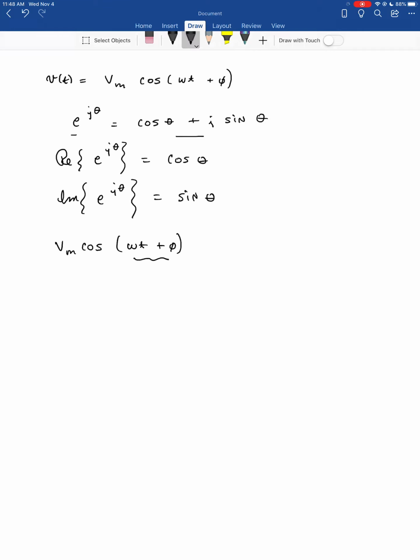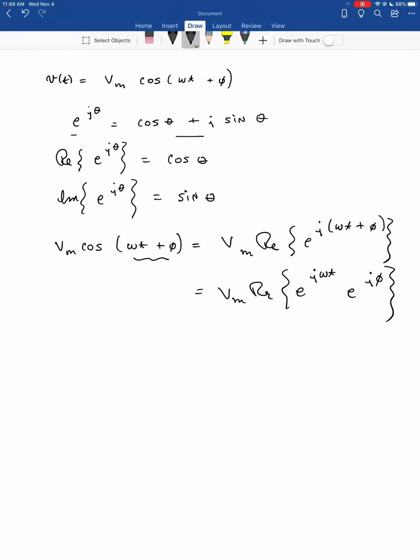So our Vm cosine of omega t plus phi, this omega t plus phi is the entire argument, the theta, could be written as Vm times the real part of e to the j omega t plus phi, which is Vm times the real part of e to the j omega t, e to the j phi.